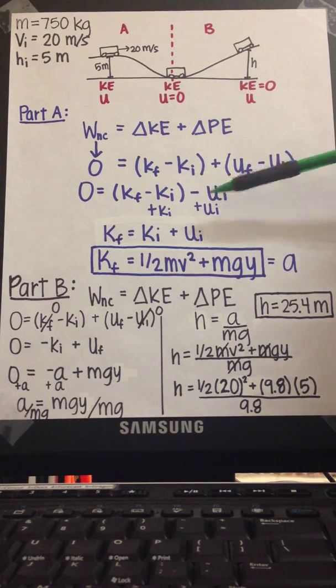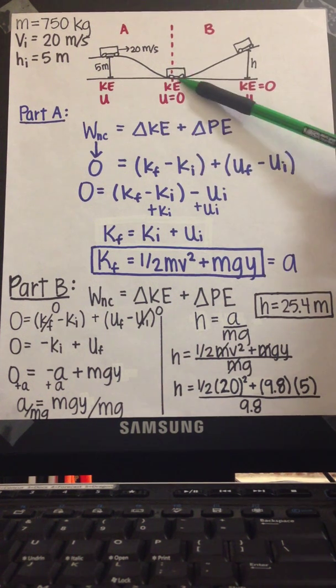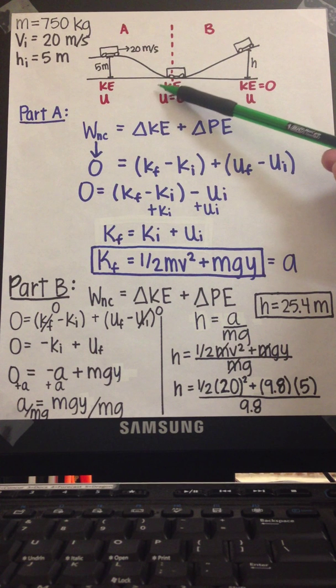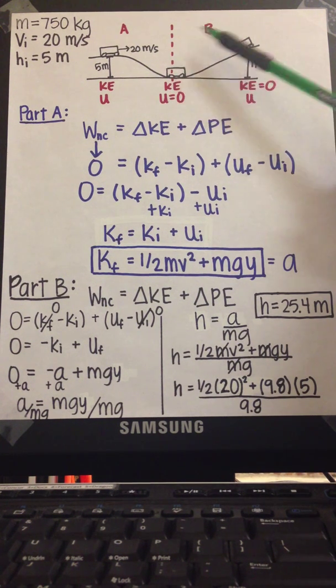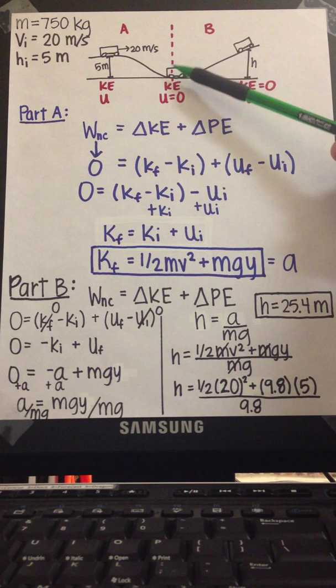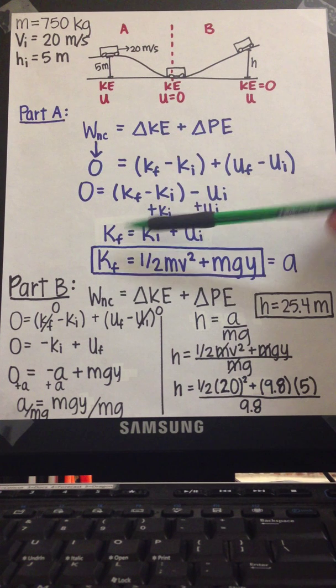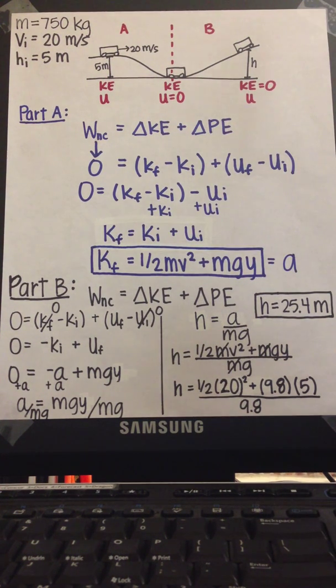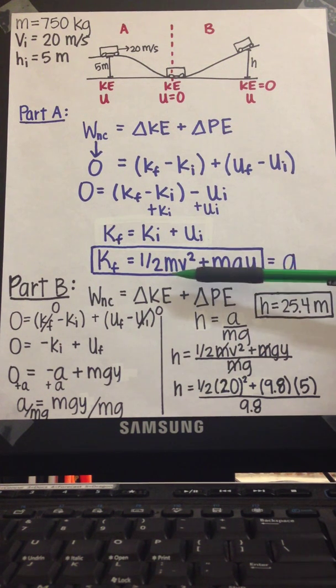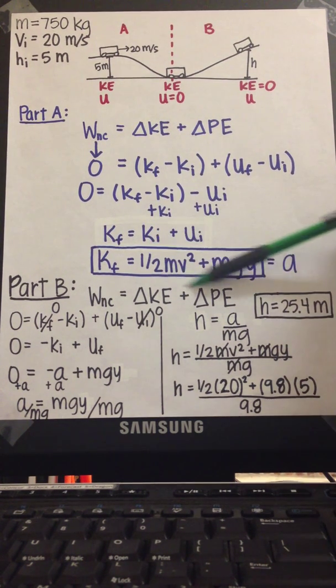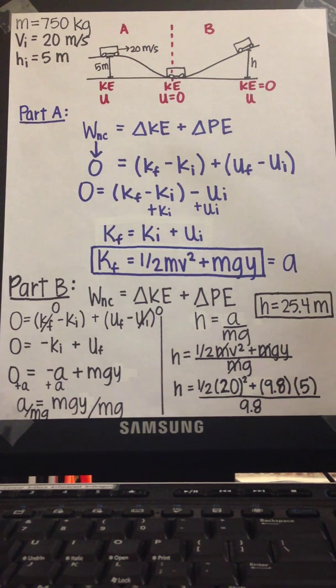Then you solve for the final kinetic energy, because the final kinetic energy here is also the same as the initial kinetic energy for part B, since the car's going from here to here, starting from where it ended at part A. So kinetic energy final equals initial kinetic energy plus initial potential energy, which is 1/2 mv squared plus mgy, and I decided to call this A to make it simpler for part B.